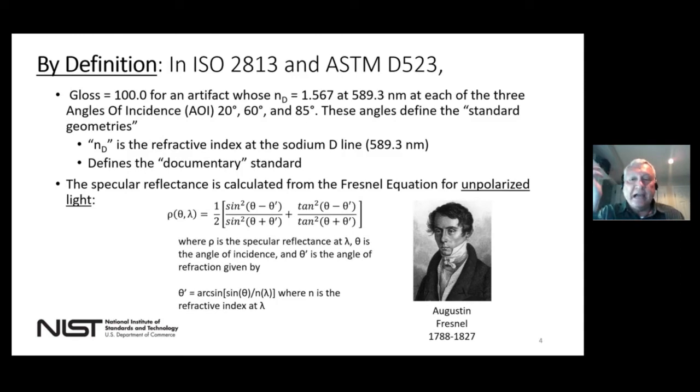So we know the standard geometries for the measurement of gloss are the 20, 60, and 85 degree angle of incidence. By definition, from ISO 2813 and ASTM D523, the gloss value equal to 100 is obtained for any artifact or a standard whose refractive index at the sodium D line of 589.3 nanometers is equal to 1.567.